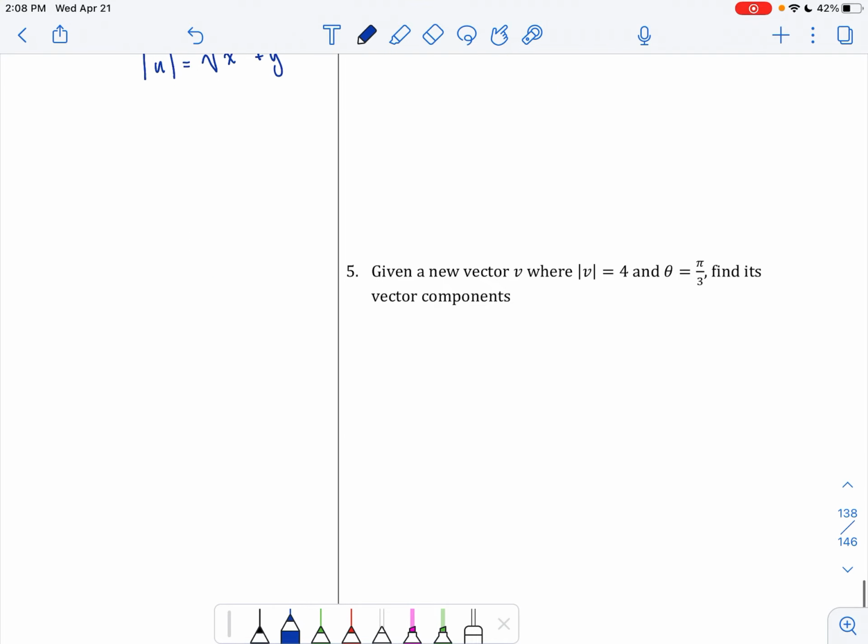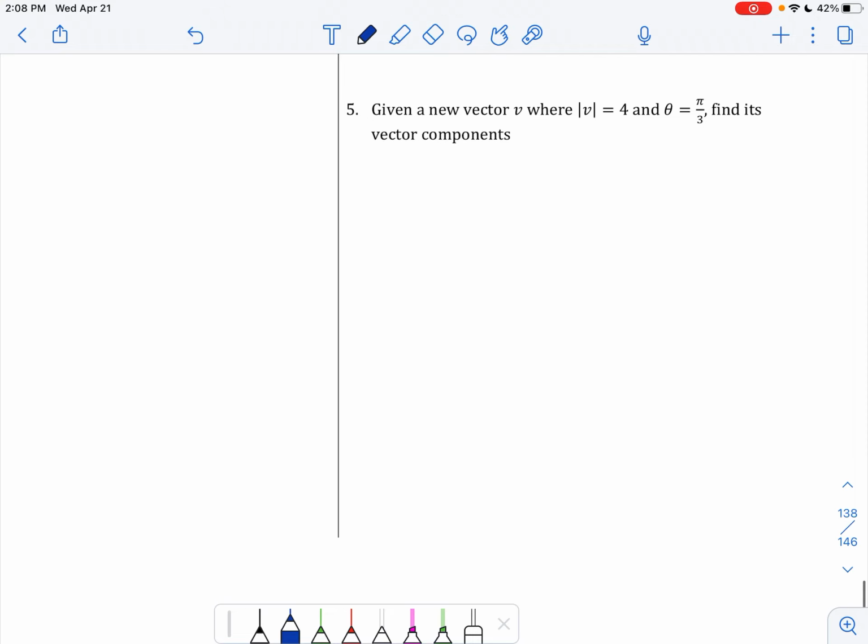Now, given a new vector v, where the magnitude of v is 4, and the angle, the direction, is pi over 3, that's one thing that's always helpful to remember. We're still thinking about our unit circle here.